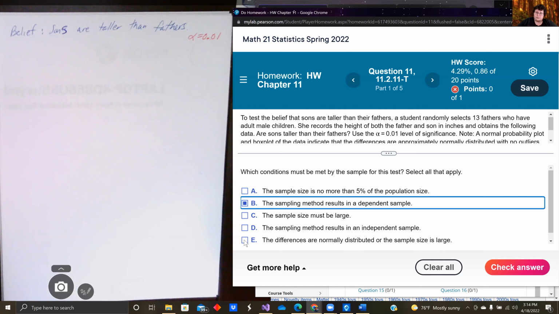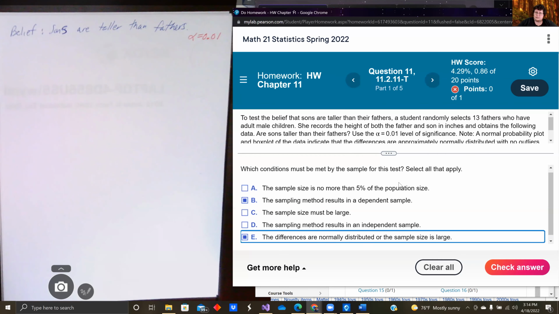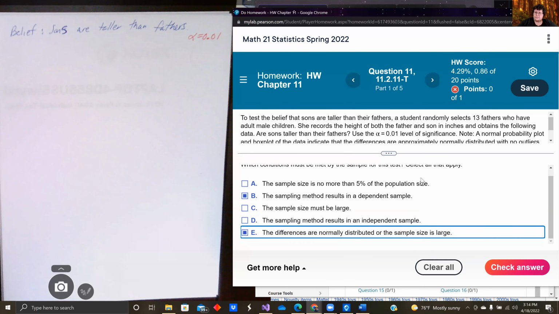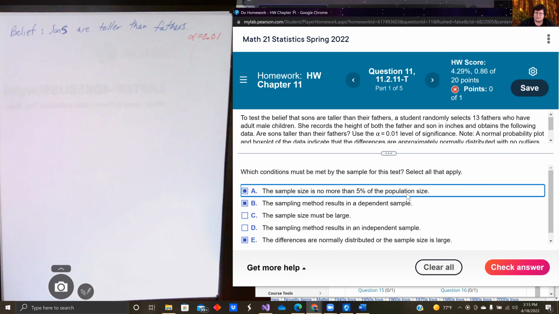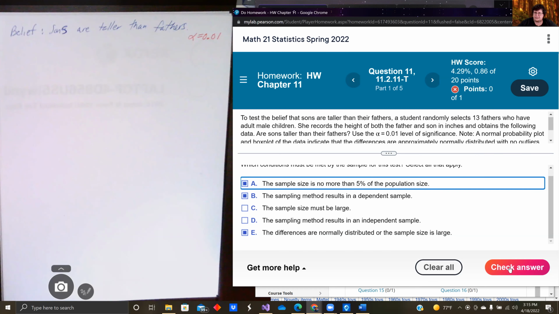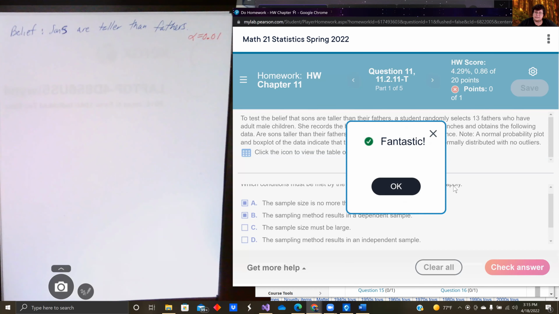That's true. Anything else that we want to add? In general, we don't want n to be bigger than 5% of the population size. So I'm going to click that one. I'm pretty sure that's going to say yes. And it does.